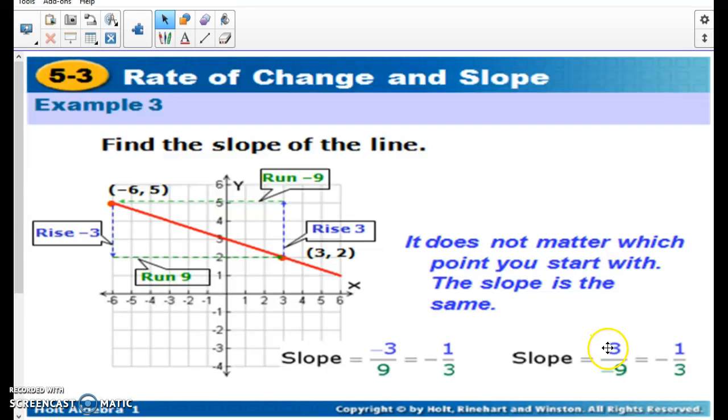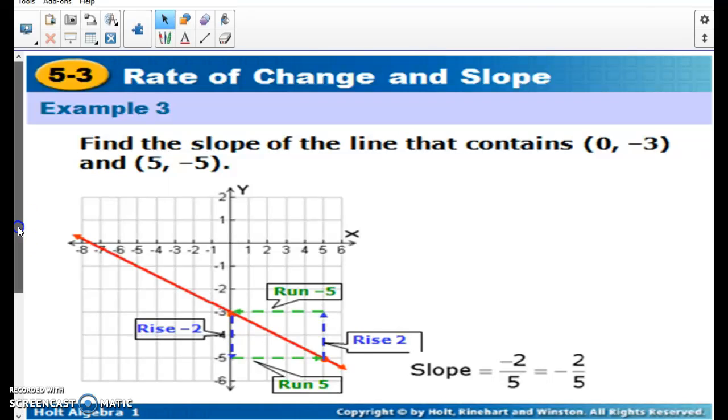So here's a positive 3 and a negative 9, which simplifies to a negative 1/3. If we went the other way, down 3, and right 9, there's my positive 9, we'd still end up with a negative 1/3 once we simplify it.